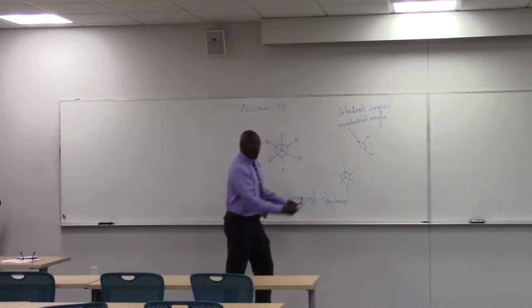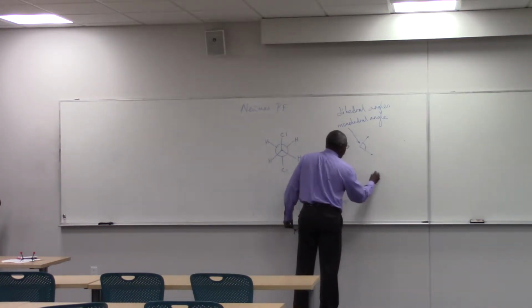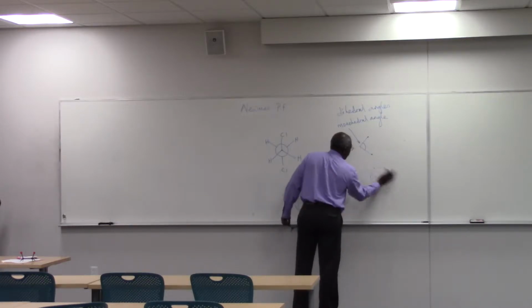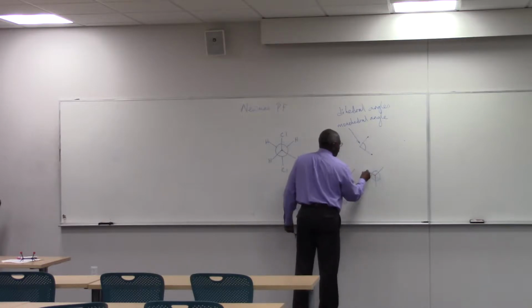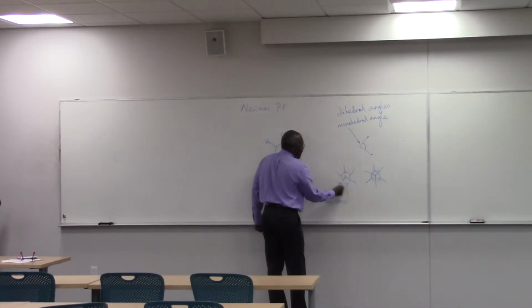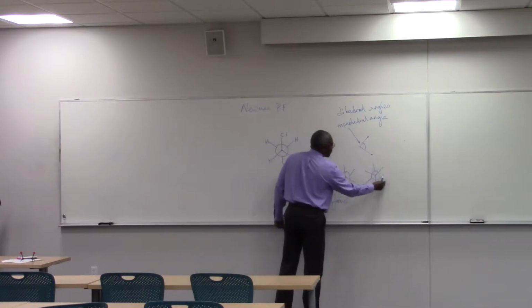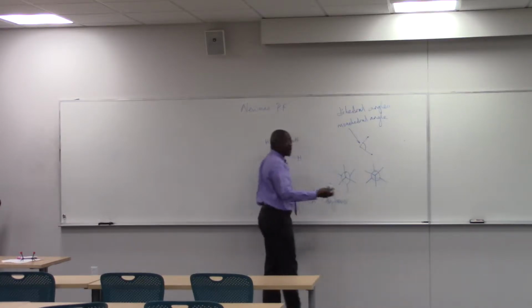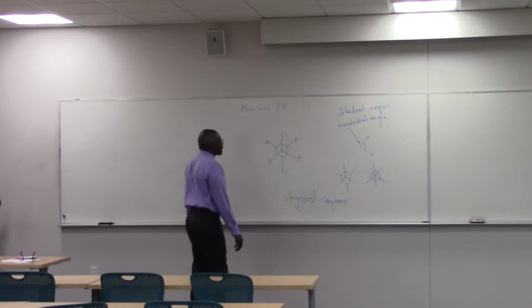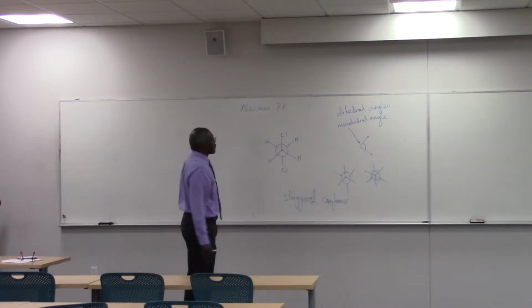Or you know, they could look like this. Right? This is just as appropriate for a staggered conformer. So front, back, front, back, front, back. These are staggered conformers. That's a general skeleton of a staggered conformer.